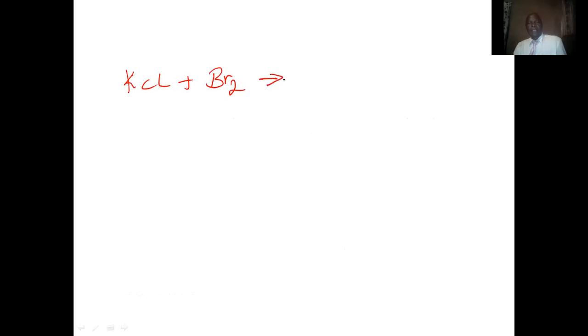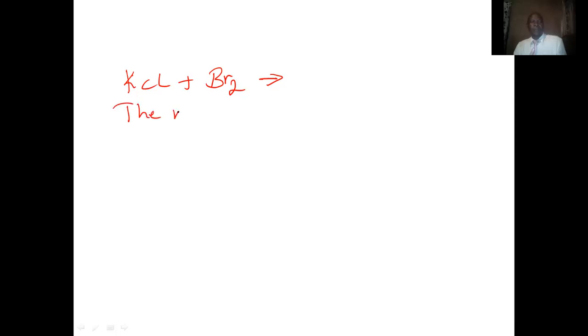What do you get? This reaction will not take place because chlorine is more reactive than bromine. Therefore, bromine cannot displace chlorine, and this reaction cannot take place.